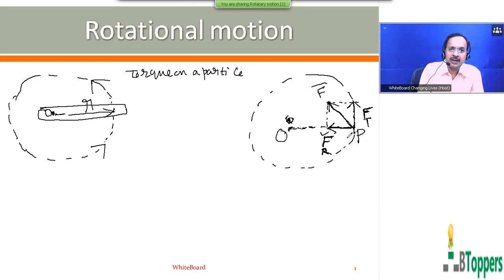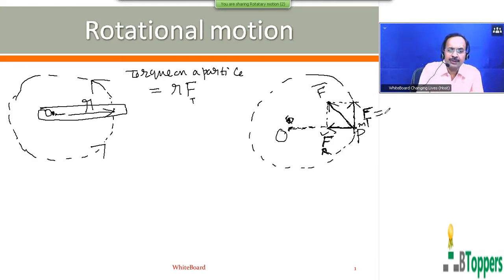The magnitude of the resultant torque acting on a point mass or particle of mass m situated at radial distance r from the axis can be calculated by considering the component of the force which acts perpendicular to the radial distance r. We write r into F perpendicular, that is r into Ft.